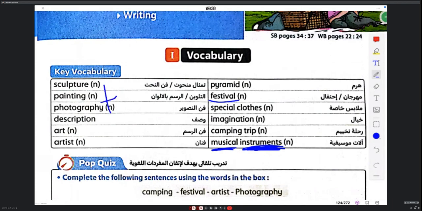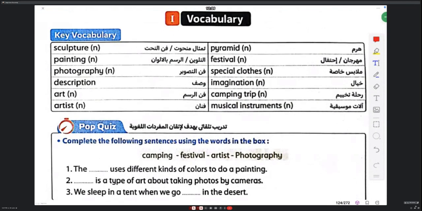We use the word tool for professions, like a carpenter or something like that. But instrument for music and scientific work.